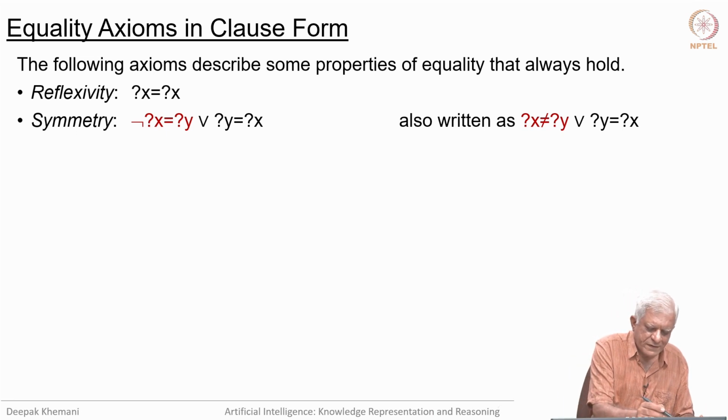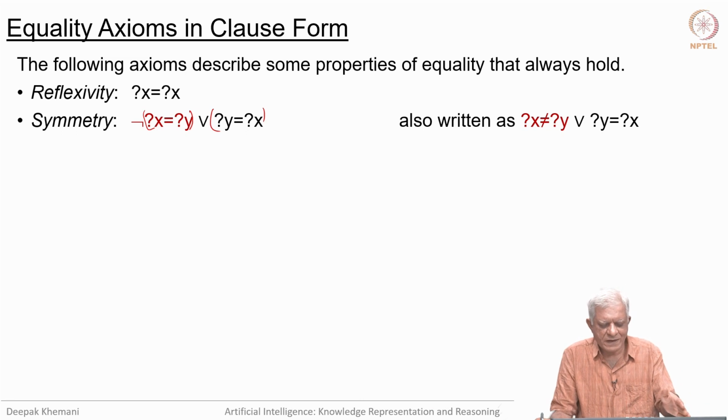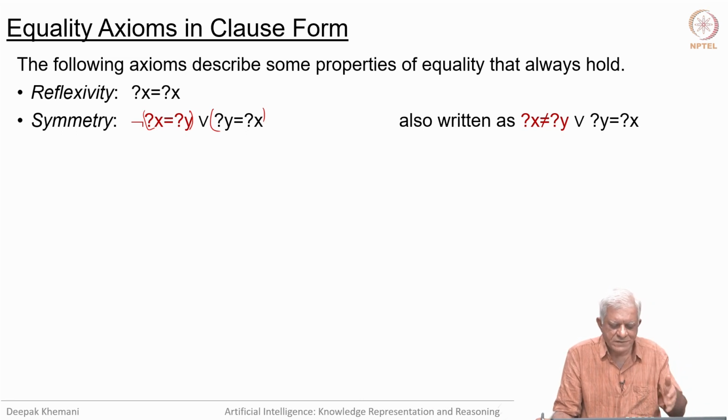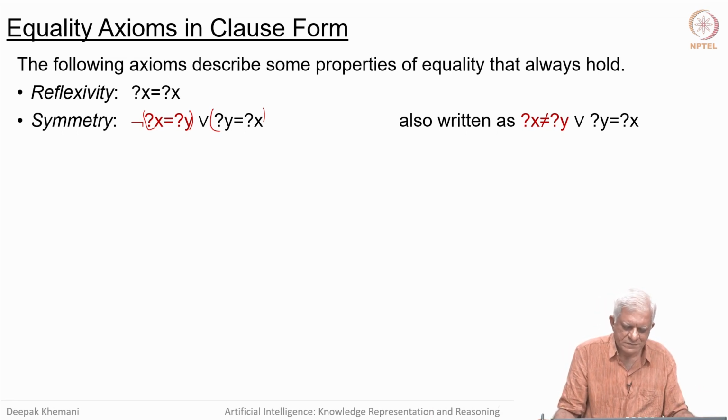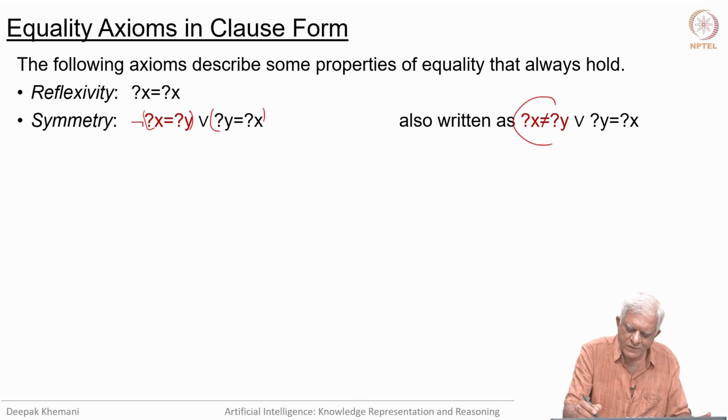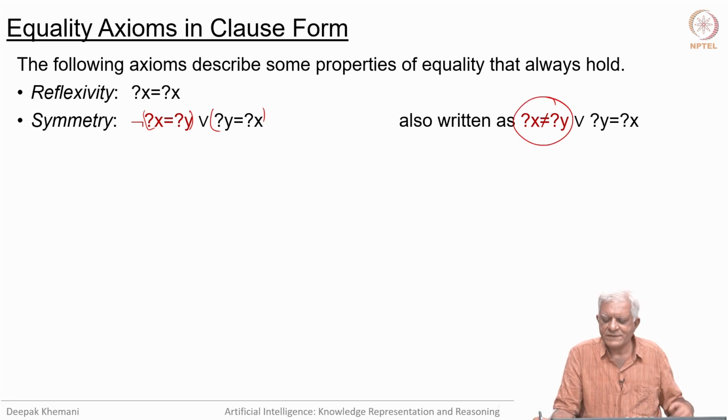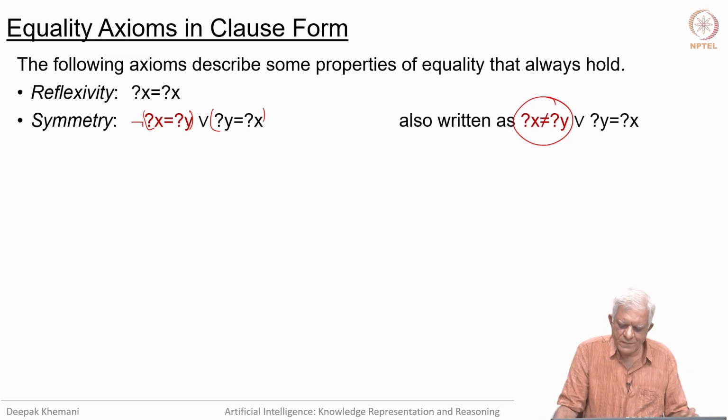Remember that this is the same as saying p implies q, which is not p or q. We have done the same thing here, but very often, instead of using the negation sign as a logical symbol, we use the negation sign in infix form, because sometimes it is easier to read. Otherwise, these are just two different ways of saying the same thing.